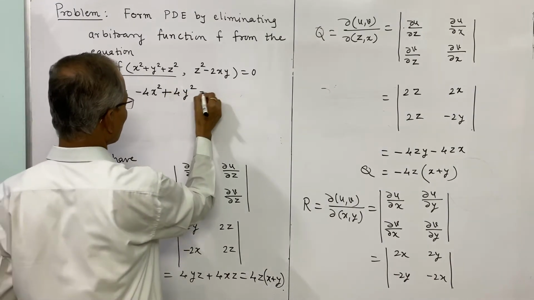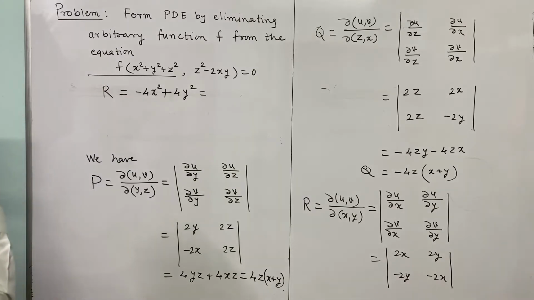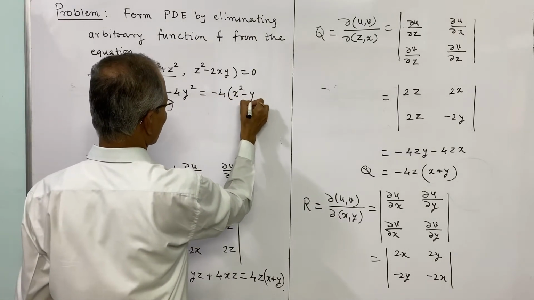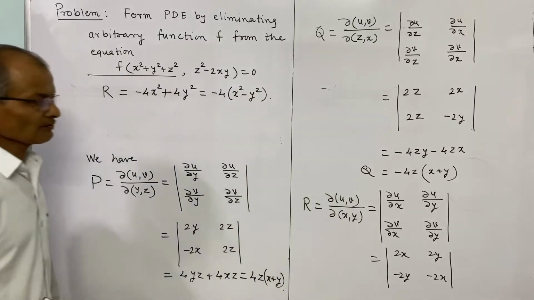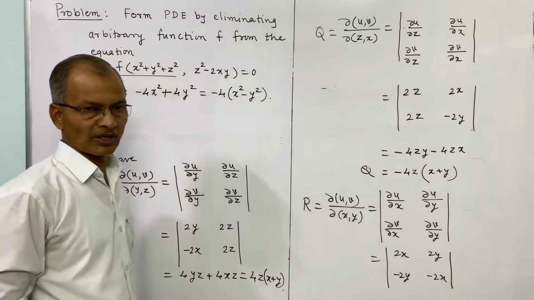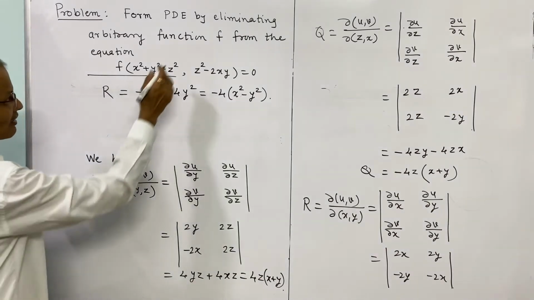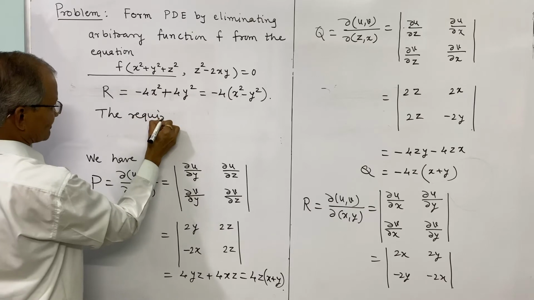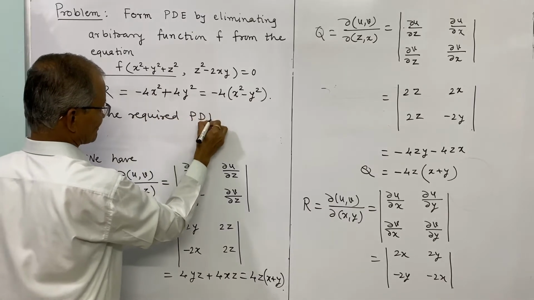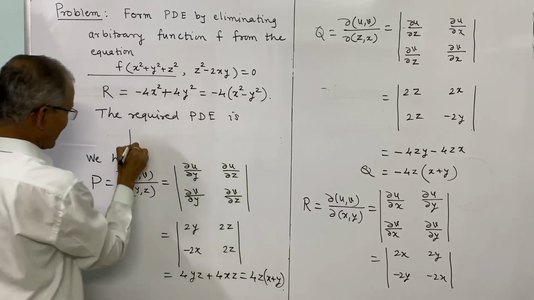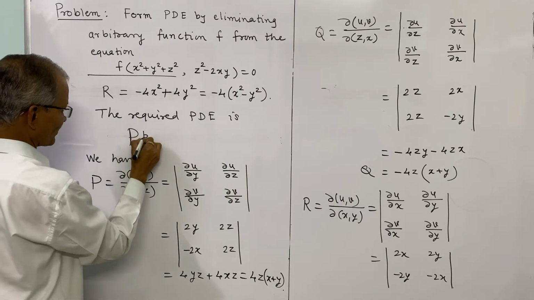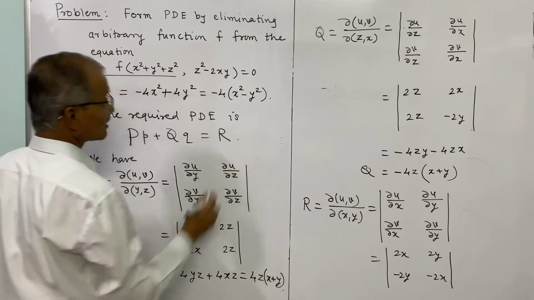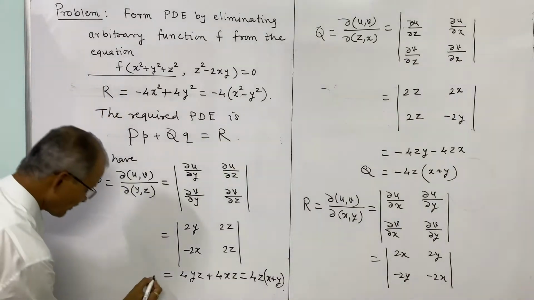Or if we take negative 4 common, then in bracket it will be x square minus y square. So thus we obtained the values of capital P, Q, R, and now the required partial differential equation is capital P into small p plus capital Q into small q is equal to R. Now we have to put the values of P, Q, R.